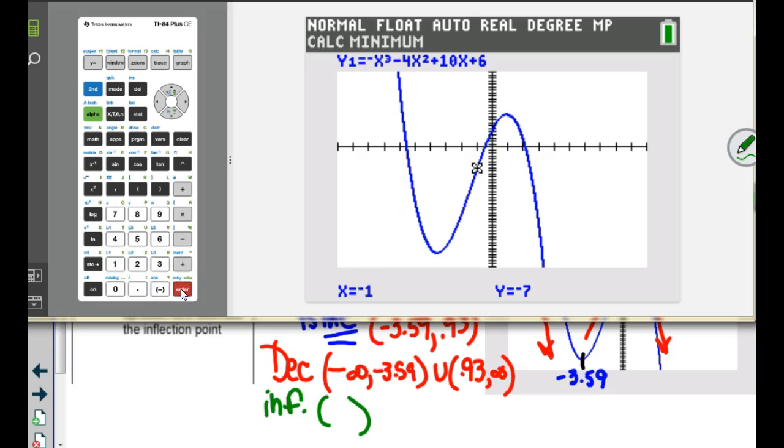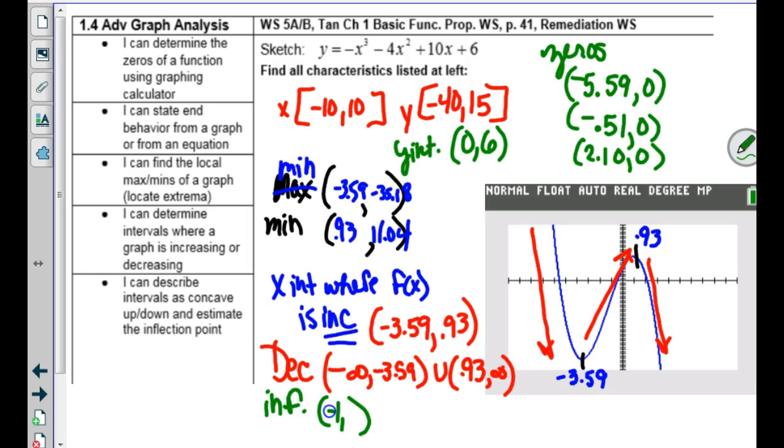Does that look good enough to you? Okay, make sure you're picking a number between negative 3 and 1 here, or just trace along and pick a spot. It's nice if you pick a whole number, just because it makes it easier to write down. So the inflection point is negative 1, negative 7.